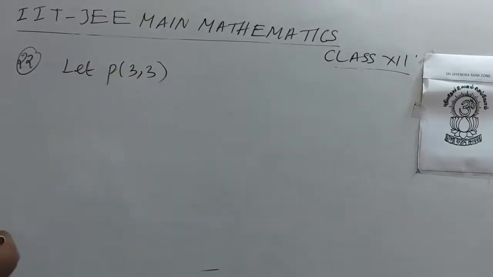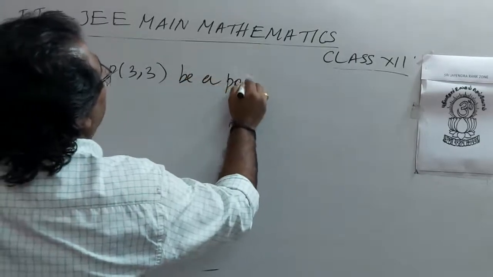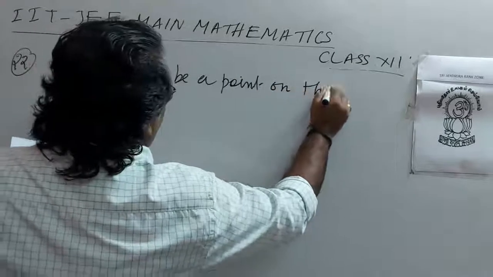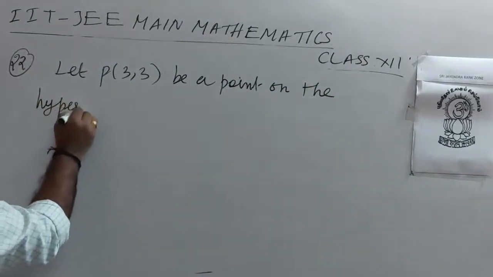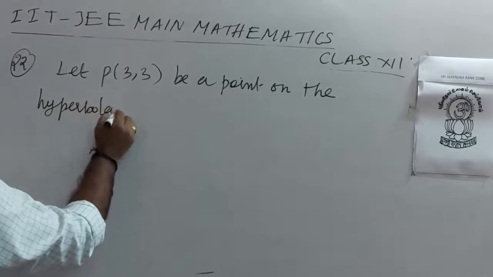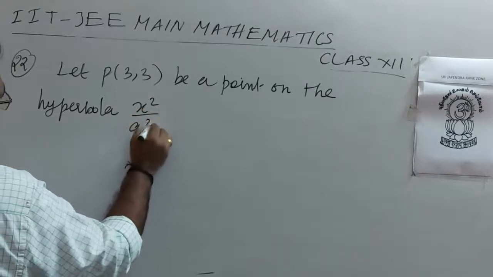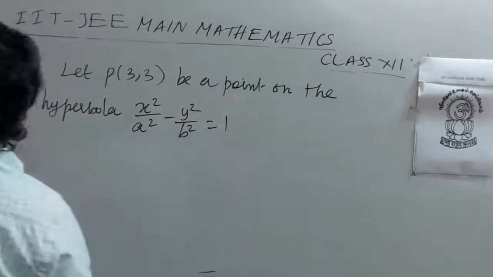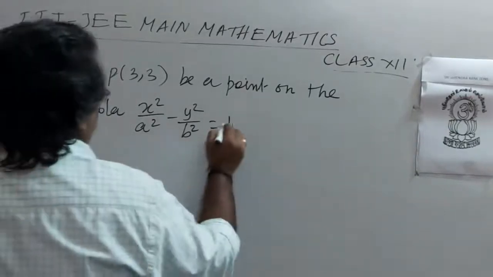Let P(3, 3) be a point on the hyperbola x squared by a squared minus y squared by b squared equal to 1.